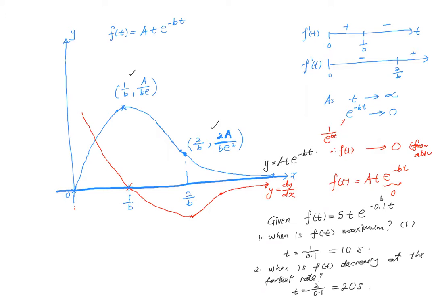Okay, so it will go up. Then it will pass by this point. Then here is the inflection point. You will turn down, then it will go like that. So this is your y equal to d2y over dx squared, or we call it f double prime x.